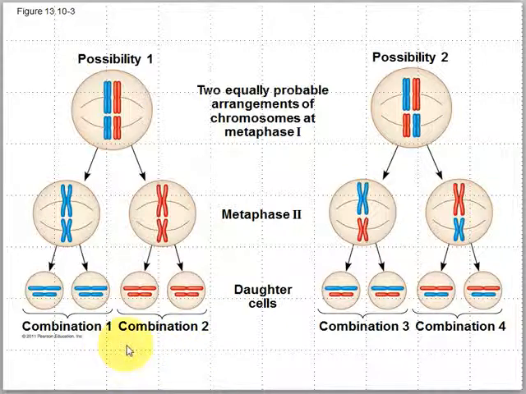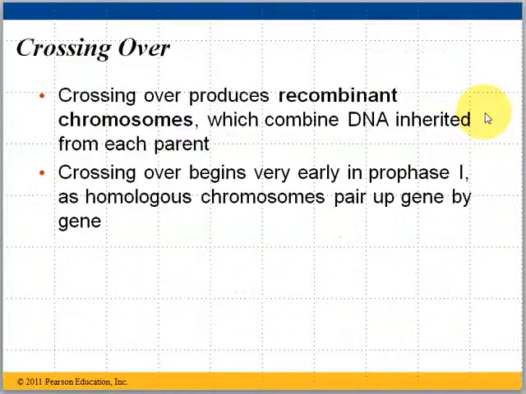So what you end up with is all of these possible combinations. Combination 1, 2, 3, or 4. So because of independent assortment, you end up with all these different possibilities. And that's simply based on how the chromosomes line up in the center and all the possible combinations of how they might line up. That's called independent assortment.